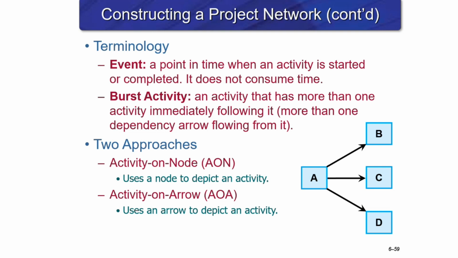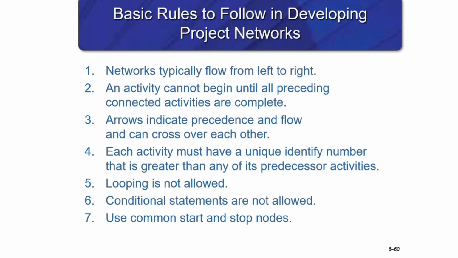Okay, so A can be called a burst activity because A has more than one activity immediately following it. Basically, three activities depend on A to finish. If A is delayed, then all three activities will be delayed. So these are some of the terminologies when doing the schedule diagram.